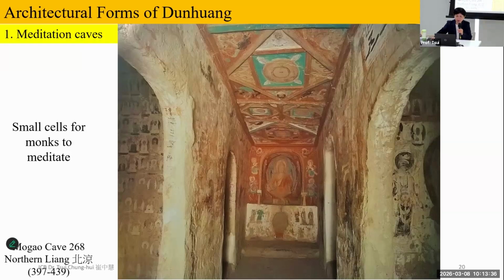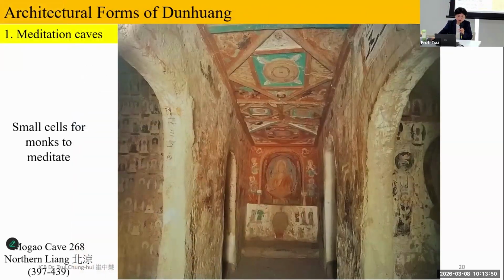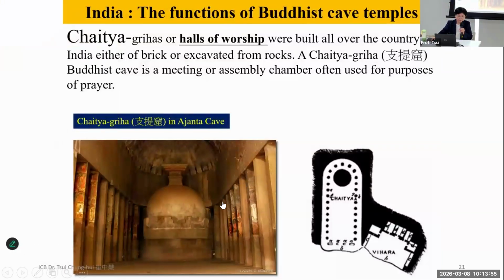So this is one of the earliest caves. On the ceiling, we also have a design with a square pattern. This is one type of meditation cave, in comparison with Ajanta. You can see in Ajanta, they combine different architecture of caves together.